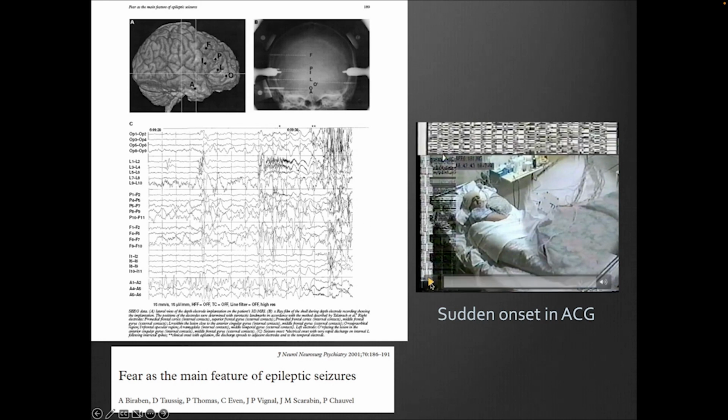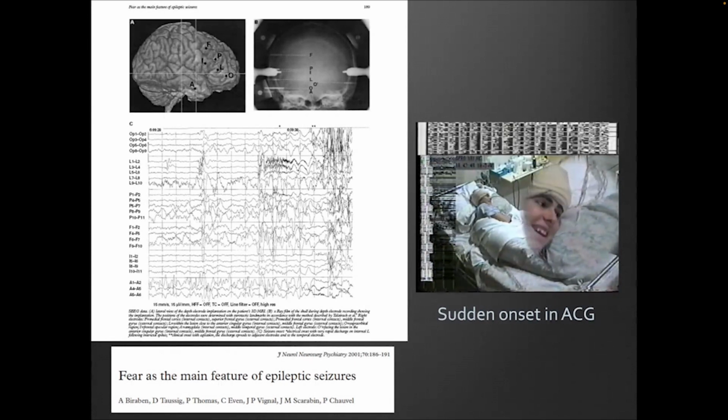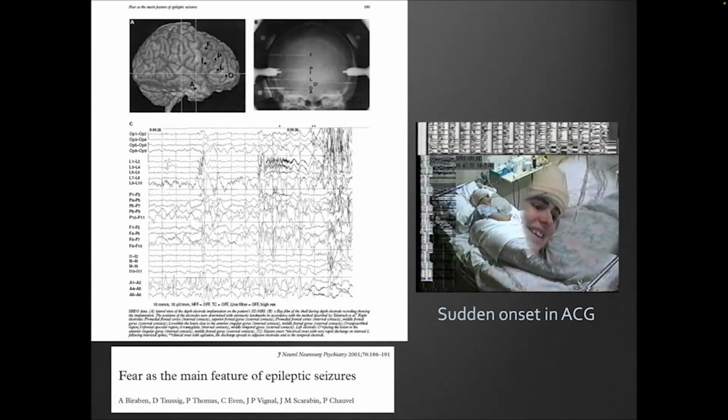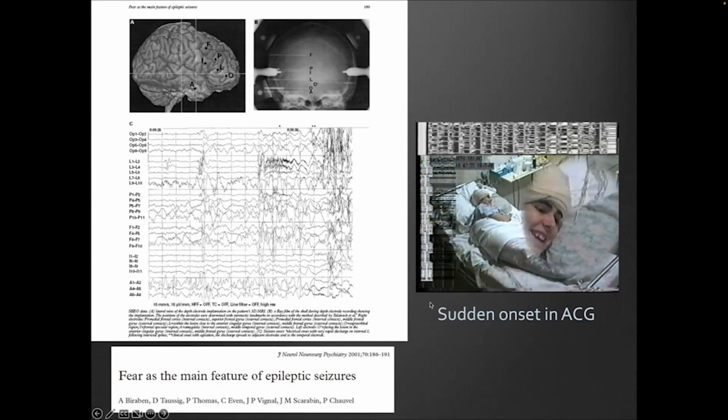And you see the seizure, sorry for the quality of the sound, she's laughing now, and the seizure will start. She's talking to her mother. See the face change.